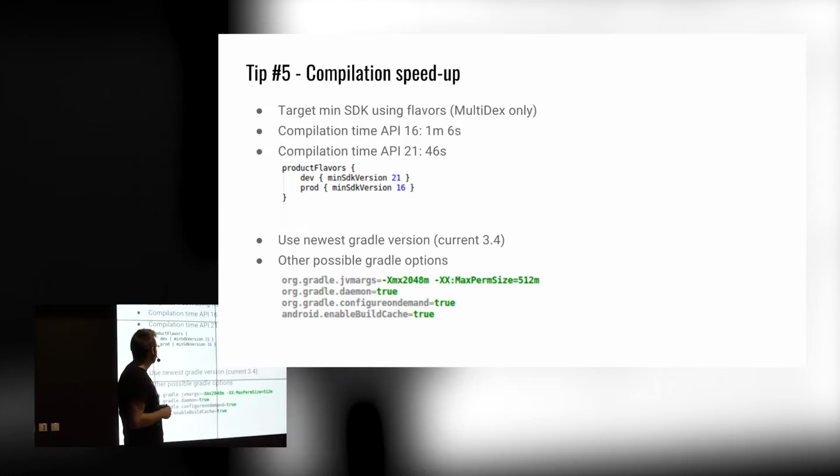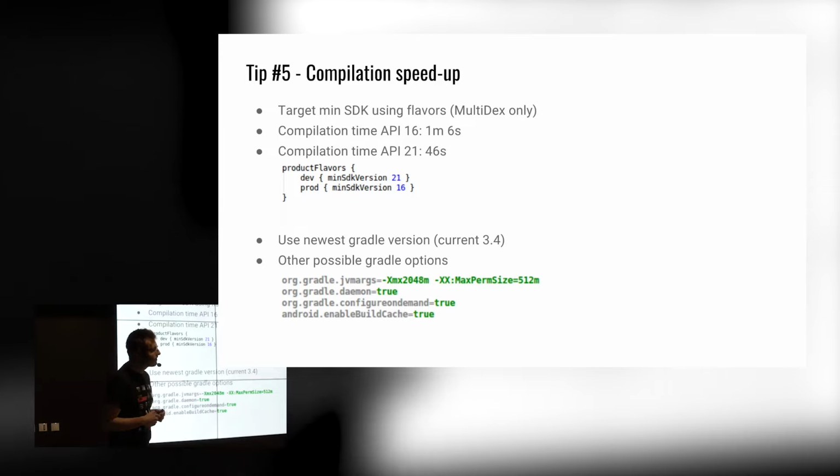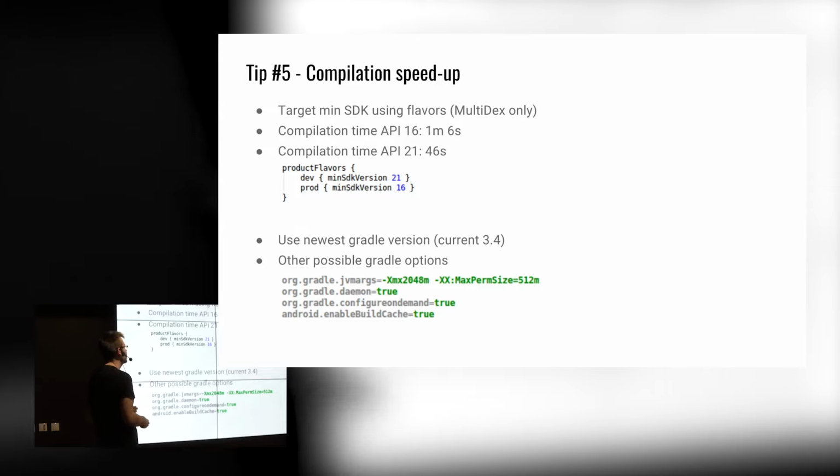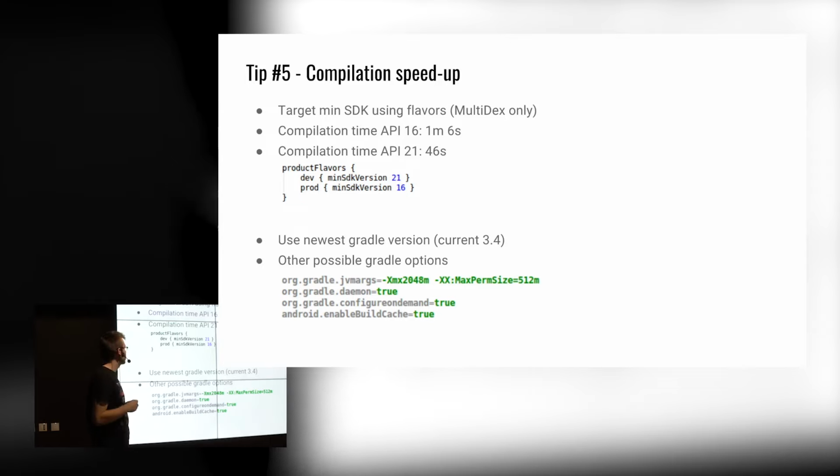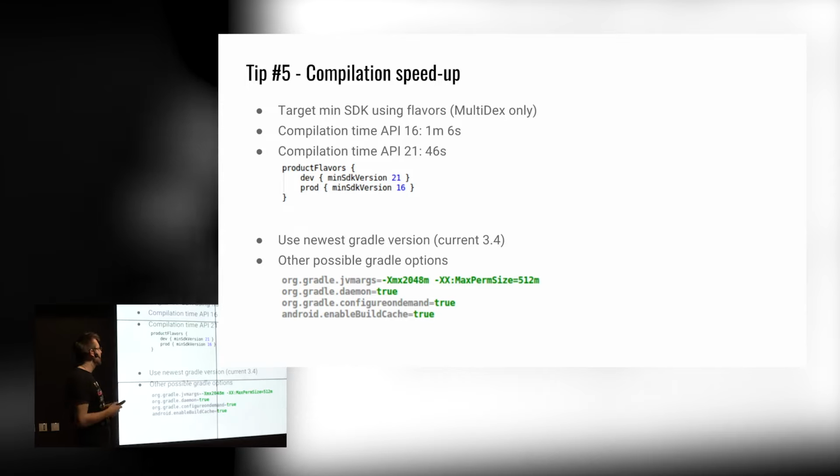But when you're building for API 21, it takes less time because there are some optimizations that make it build faster, because it's not putting those text files together or something like that. And you save, for example, 20 seconds on my project.